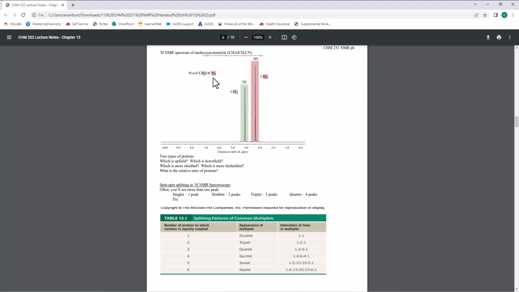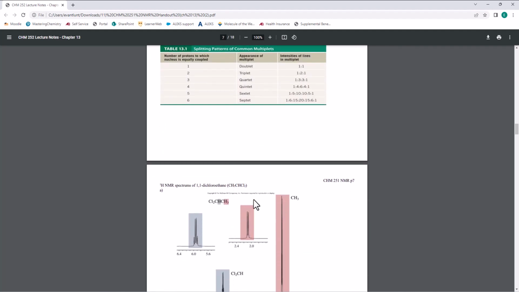Now, both of these are what we call singlets. It's one peak in the spectrum. But if there are vicinal protons, so if there was an extra carbon right here with protons on it, we would see what's called multiplicity and splitting, or spin-spin splitting. I'll scroll down and have these both up.